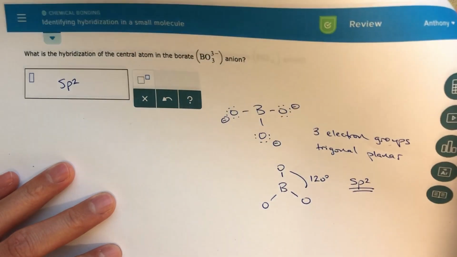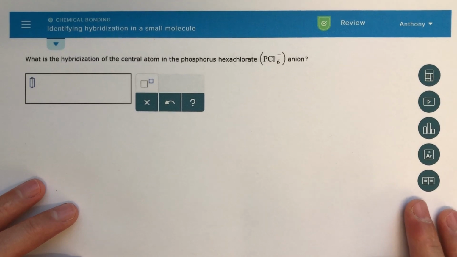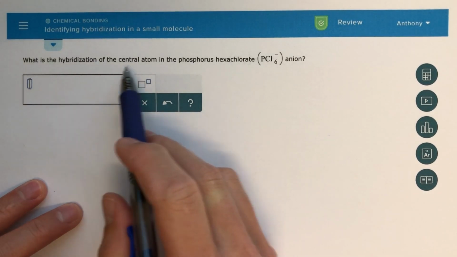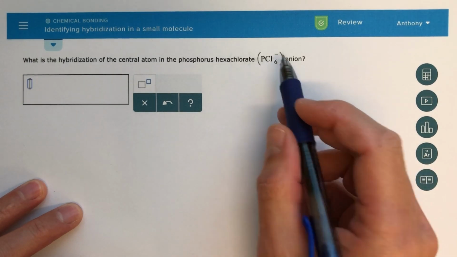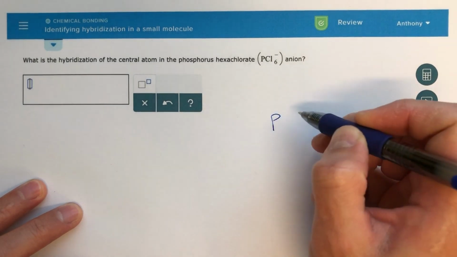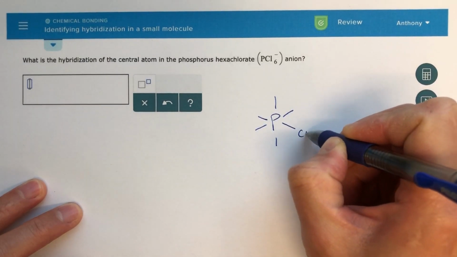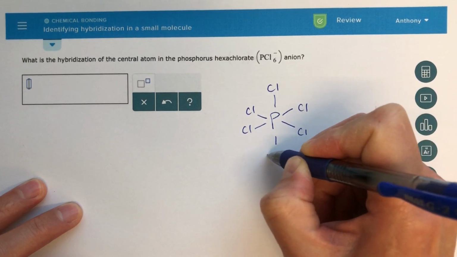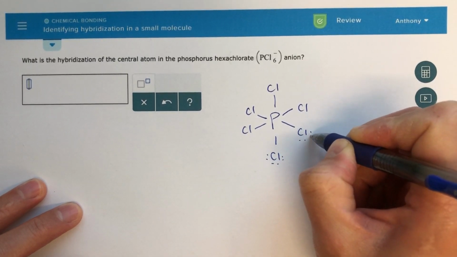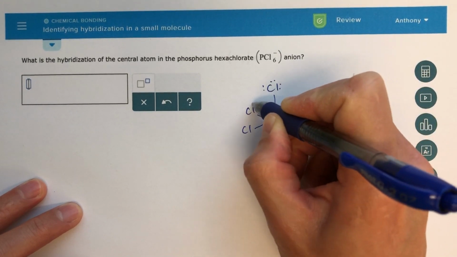All right, so let's do some more examples. And at the end, we'll do a summary. So the next one says, what is the hybridization around phosphorus hexachloride, so PCl6-? Right away, when I see that PCl6, to me, that indicates that I'm going to have a structure that looks like this with 6 chlorines around that central phosphorus.